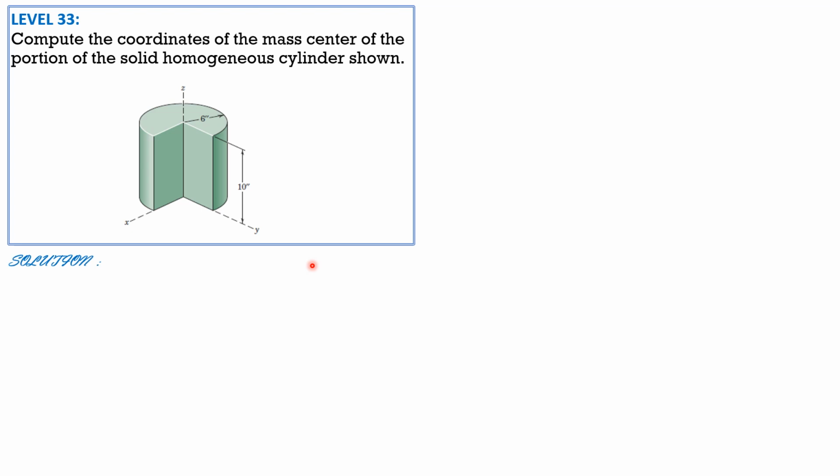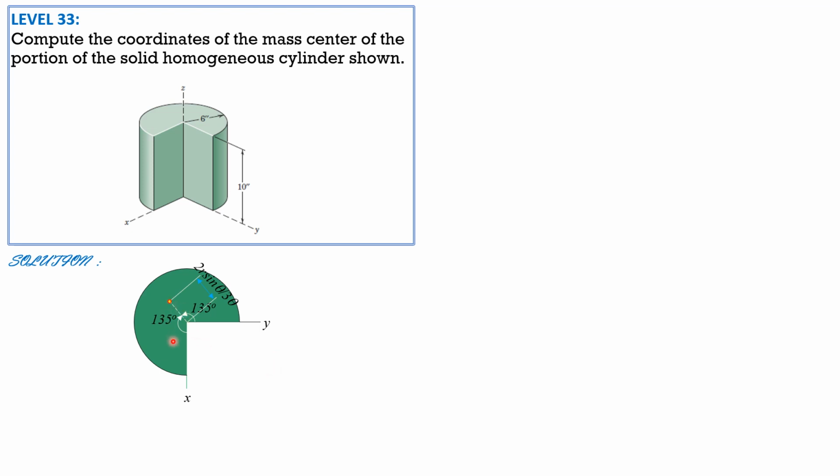So let's draw the top view so we can analyze. The centroid will lie there, and the distance in general is 2r sine theta over 3 theta, where theta is 135 degrees, or converted to radians 3/4 pi. So that's 135 degrees. This is also 135 degrees. 270 divided by 2. So again, this distance is in general 2r sine theta over 3 theta.